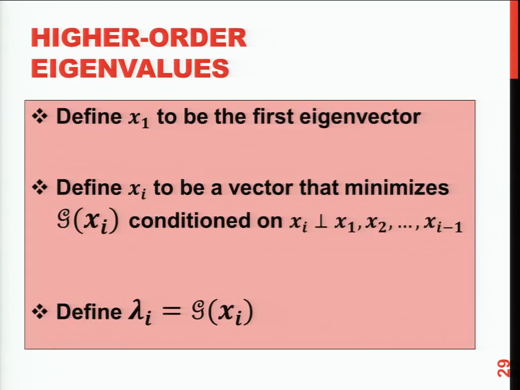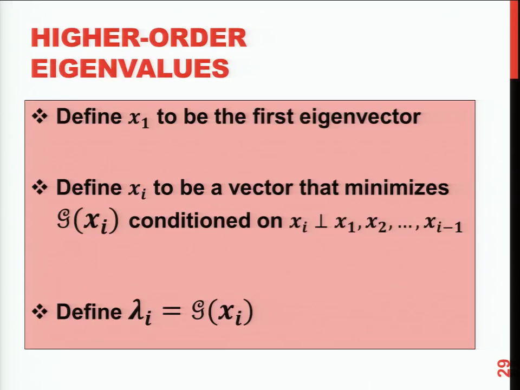Earlier we were just looking at the second eigenvector, so i was 2, and we wanted it to be perpendicular to the first eigenvector. But generally you can define all these vectors, each perpendicular to the previous ones, minimizing g in the subspace perpendicular to the space spanned by the previous ones. And lambda i is defined to be g of xi.